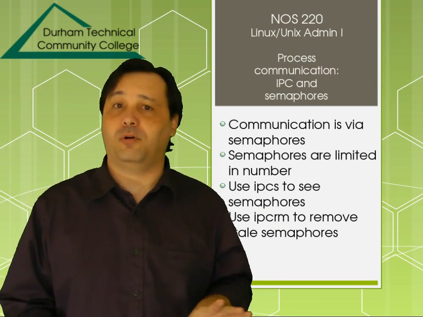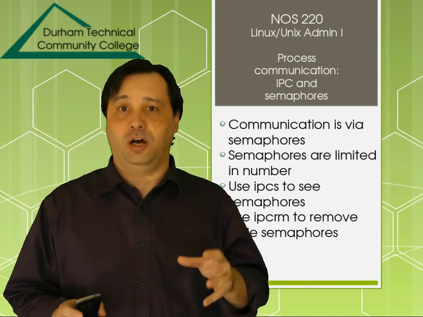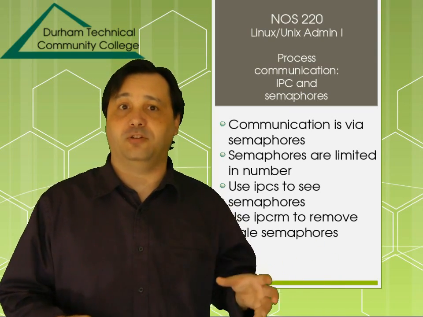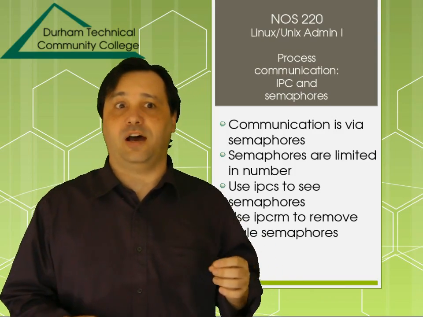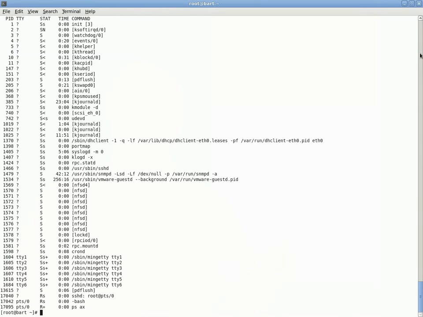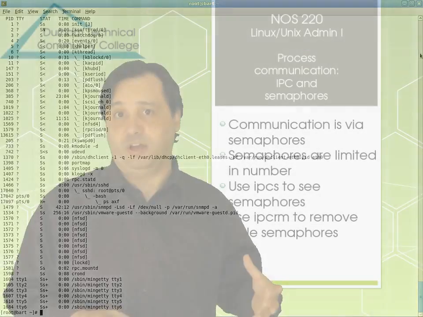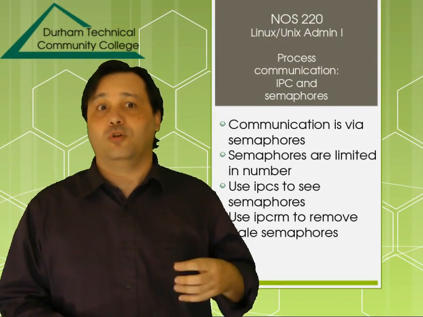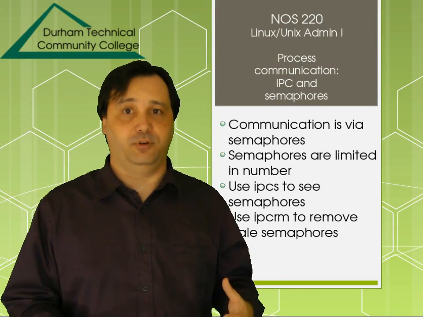However, semaphores are limited in number, and a crashed or hung process will sometimes fail to release the semaphores that it's using. Thus, the use of the ipcs command, which lets you see what processes are using semaphores, and the ipcrm command, which removes certain semaphores, such as you might get from having a hung process. Both of these can be crucial to maintaining a system without having to reboot it.